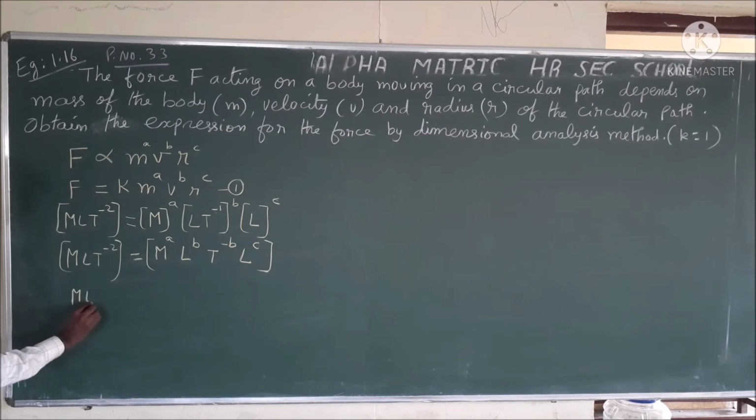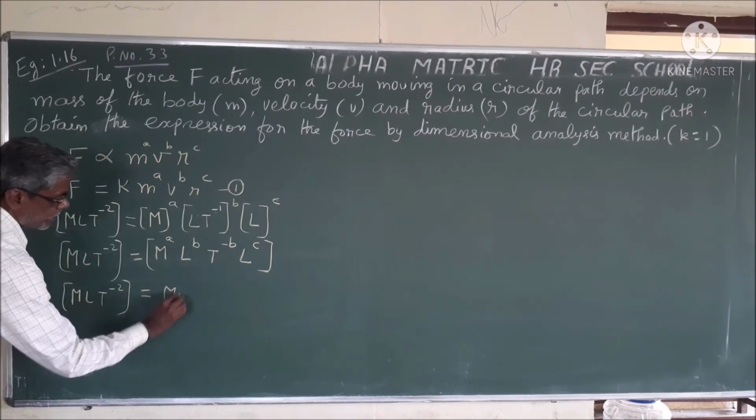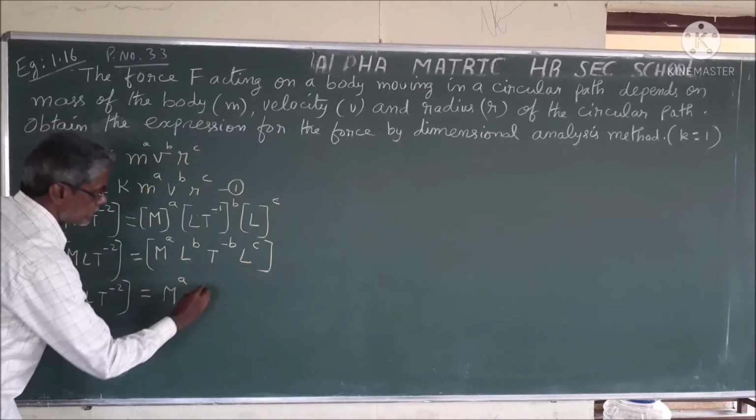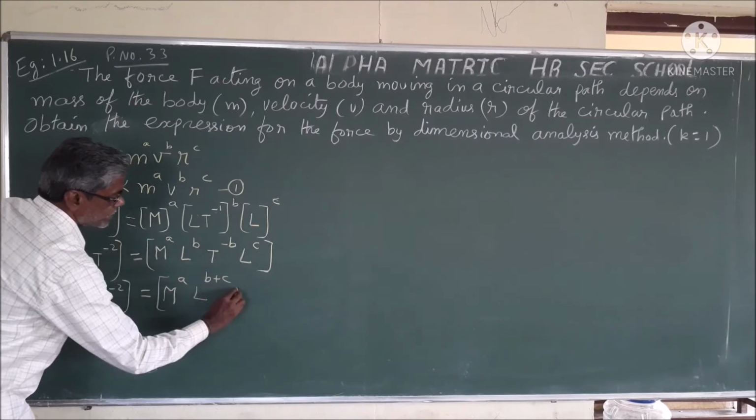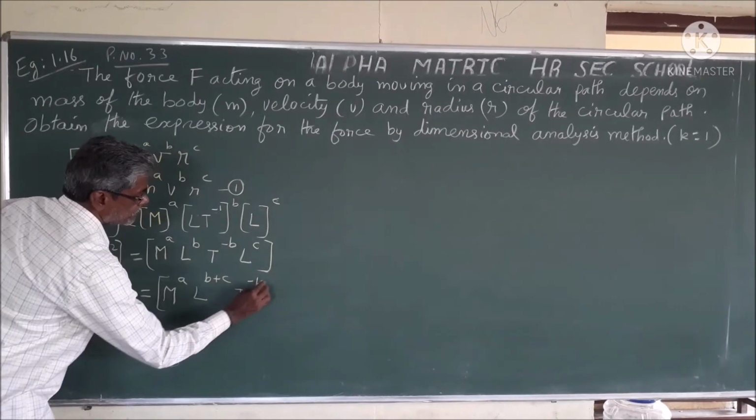So M L T^-2 equals M^a, L^b, T^-b, L^c. So M L T^-2 equals M^a, L^(b+c), T^-b.